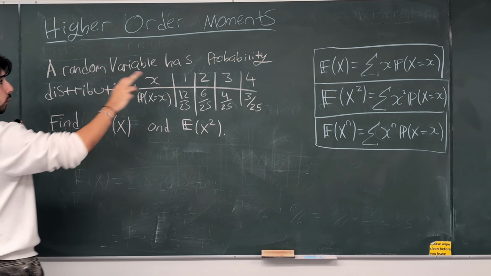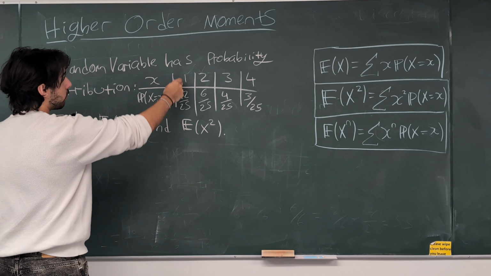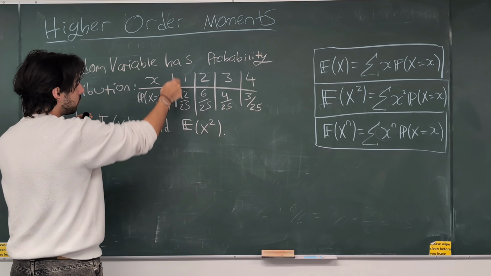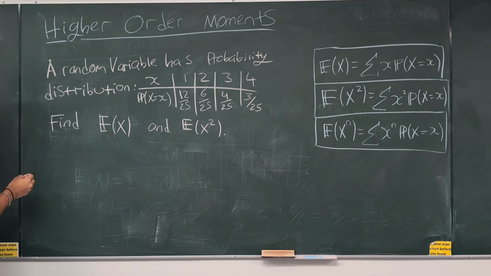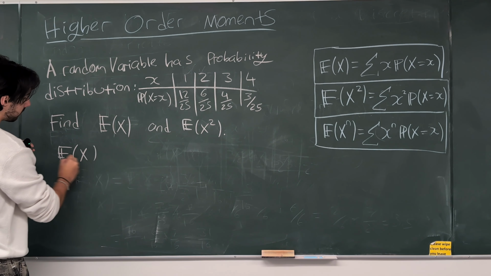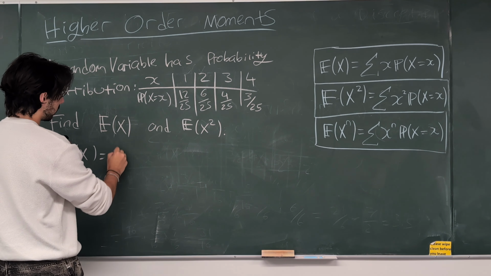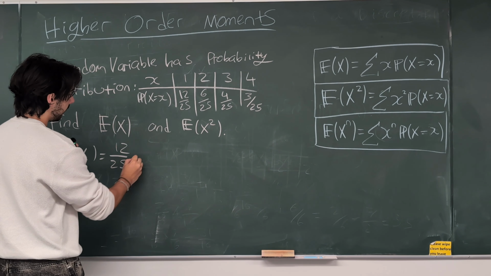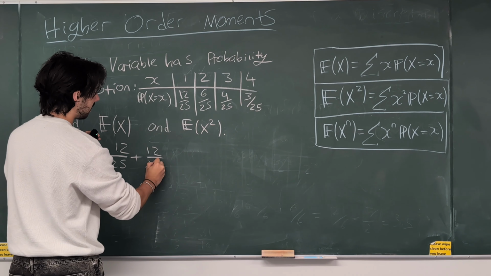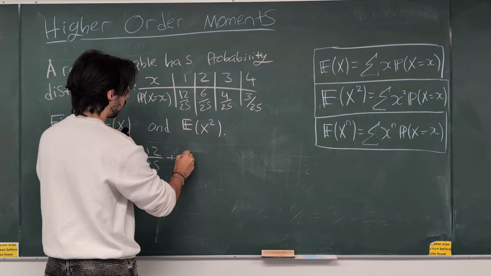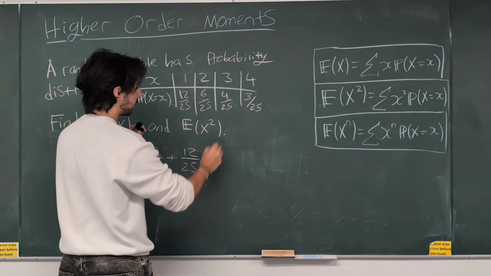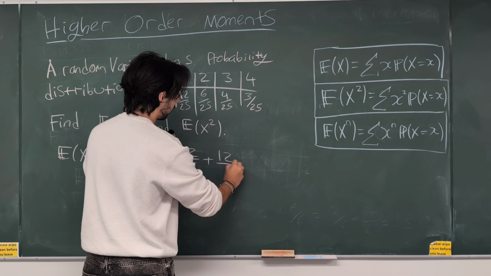Just using the formula, we're going to multiply each component of the columns, and then add them all up. So 1 times 12 over 25, so just 12 over 25, plus 2 times 6 over 25, that's 12 over 25 again, plus 3 times 4 over 25, that's 12 over 25 again, and then 4 times 3 over 25, that's 12 over 25.